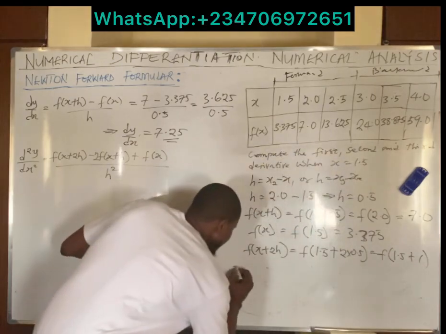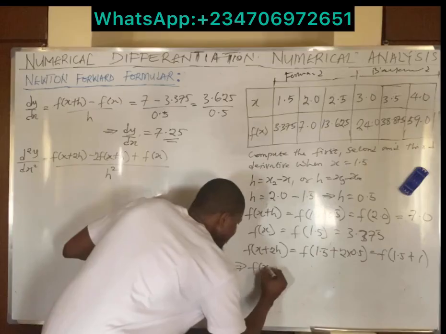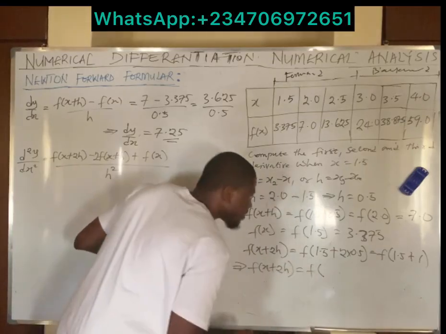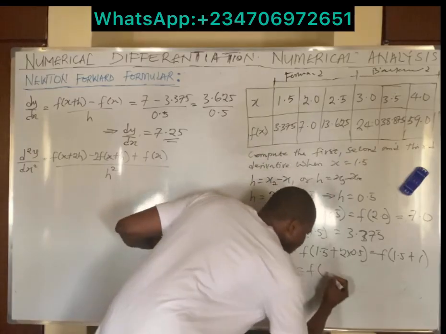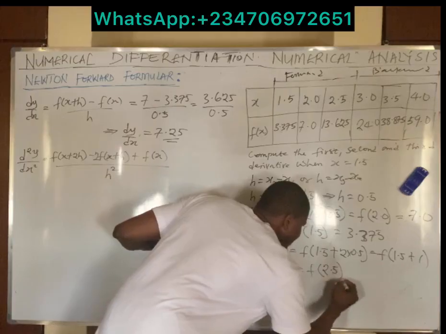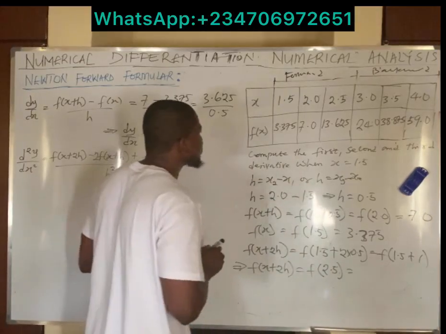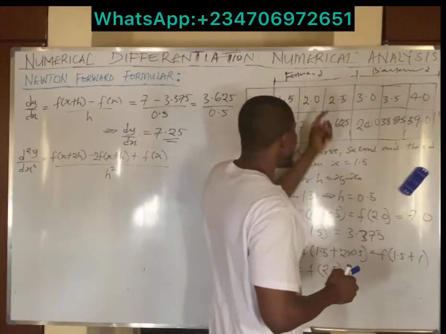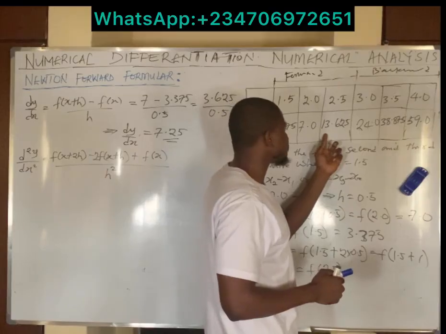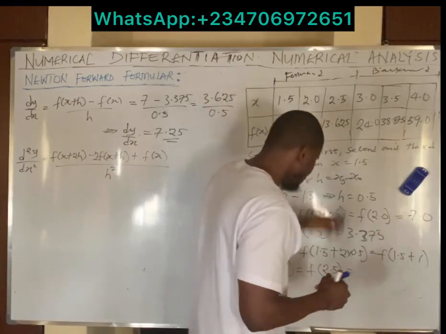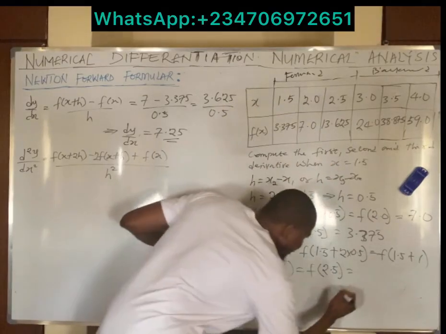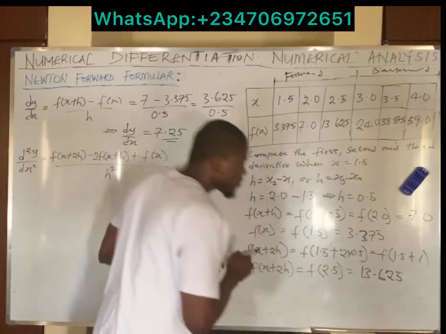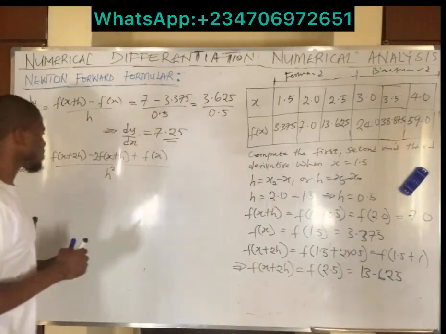So this implies that f(x+2h) is actually f(1.5+1), which is 2.5. So that's f(2.5). From the table, when x is 2.5, f(x) itself is 13.625, right? So f(2.5) equals 13.625.